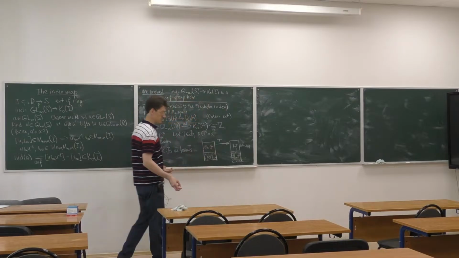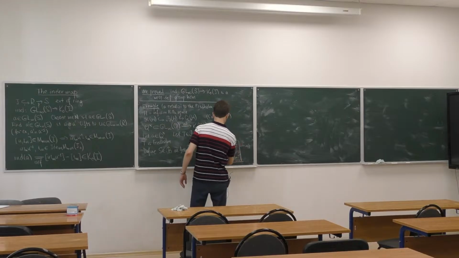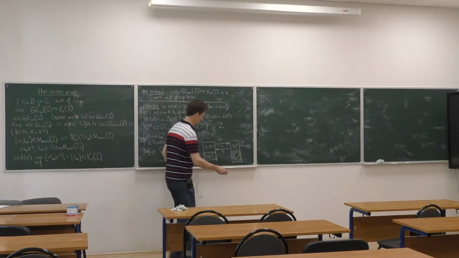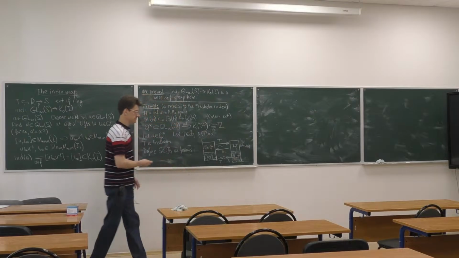So by the open mapping theorem, the inverse map is also bounded. So we define S to be the inverse of T on the image of T, and we let S take the orthogonal complement to 0. So this is the picture which illustrates how T and S act.